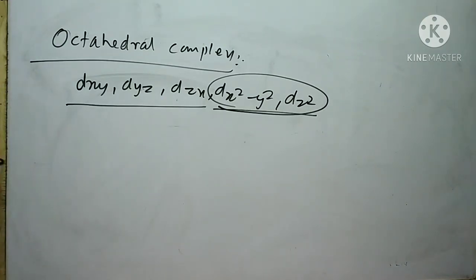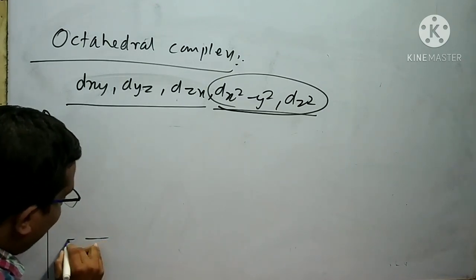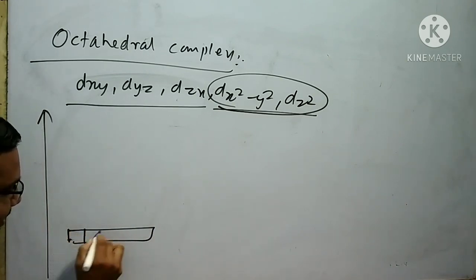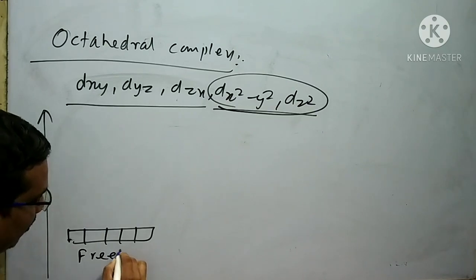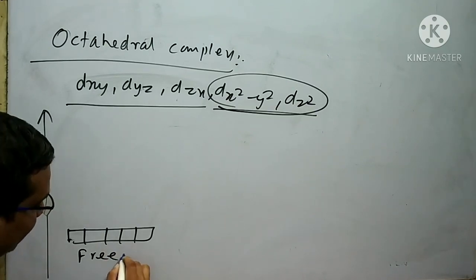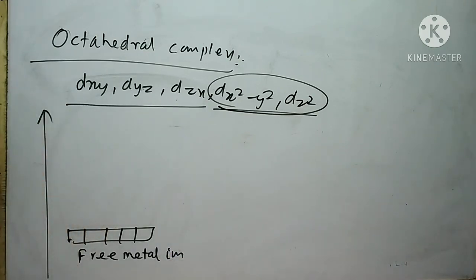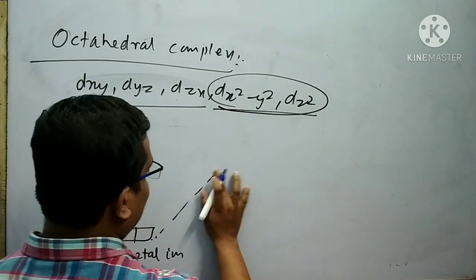Before the formation of the octahedral complex, the 5 d orbitals are present like this. This is the d orbital present in the metal ion. When the ligand approaches the central metal atom or ion, then the average energy of the d orbitals increases.